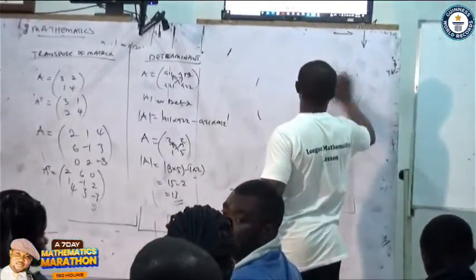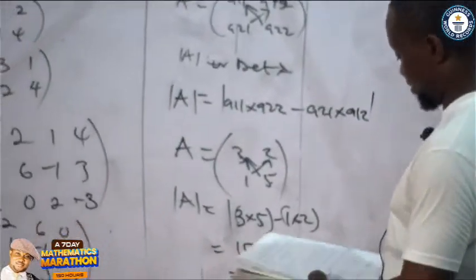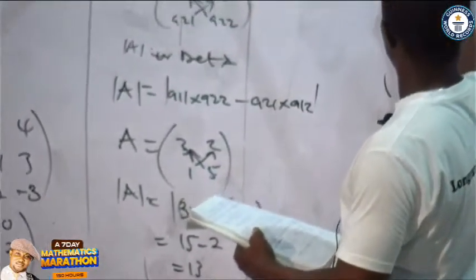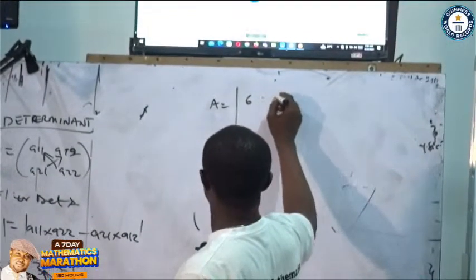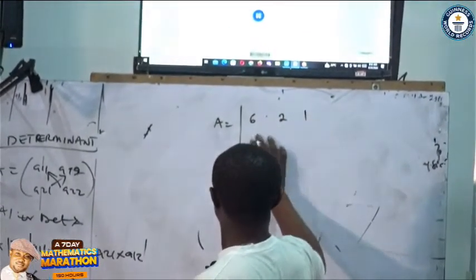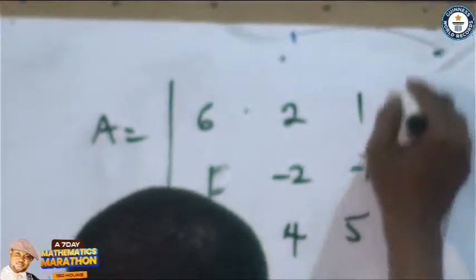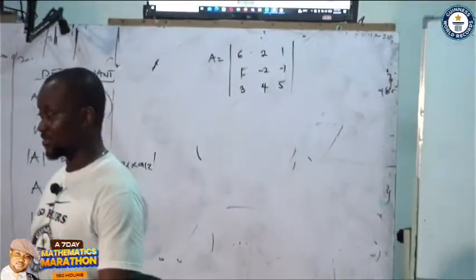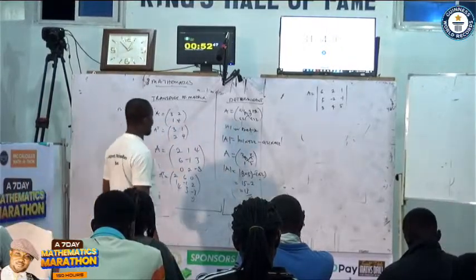You have this matrix A equal to 6, 2, 1, 1, minus 2, minus 1, and you're asked to find the determinant of a 3 by 3 matrix.